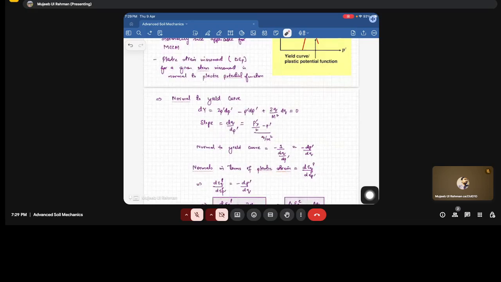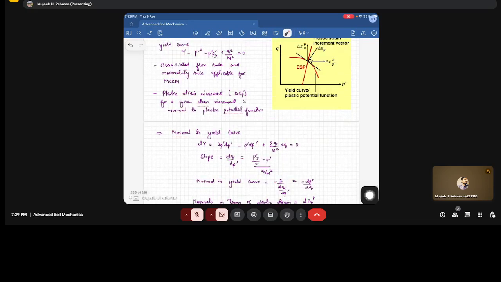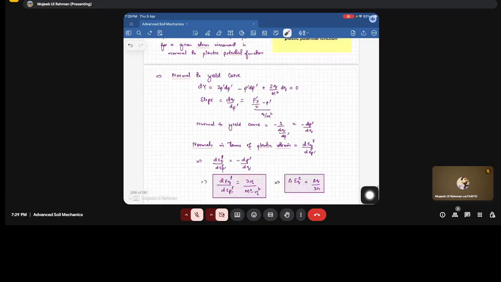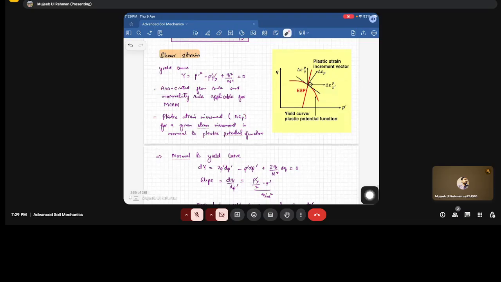We get the ratio of the stresses, dp dash divided by dq dash, and we know there is a normality rule: plastic strain increment for a given stress increment is normal to the plastic potential function.